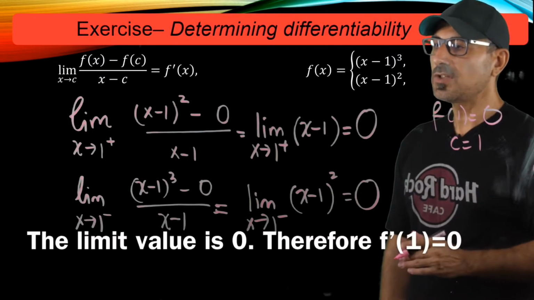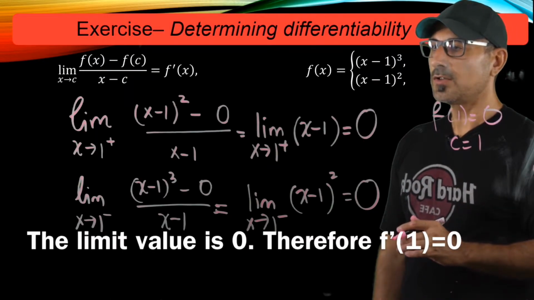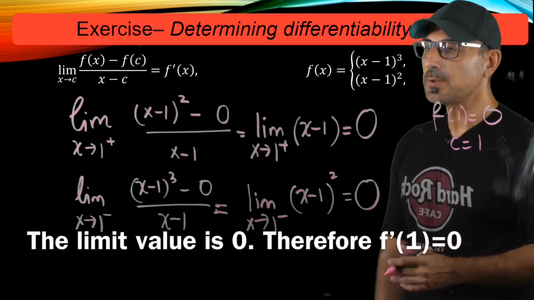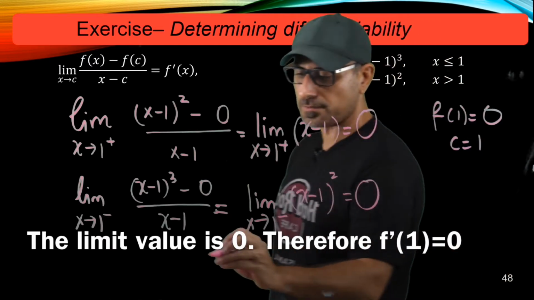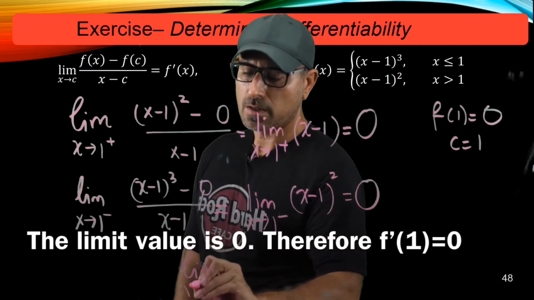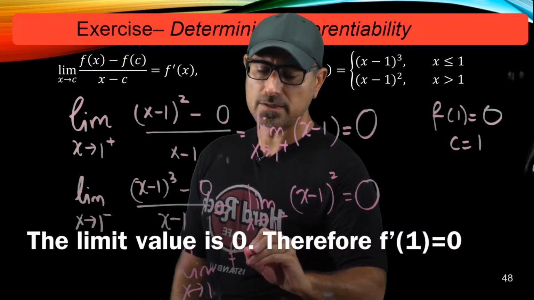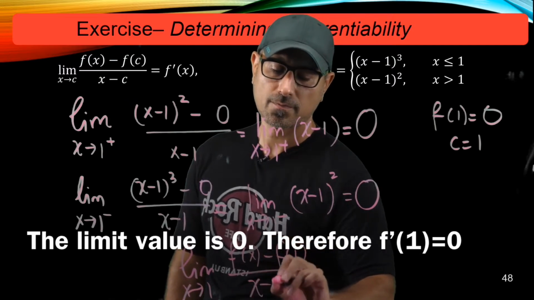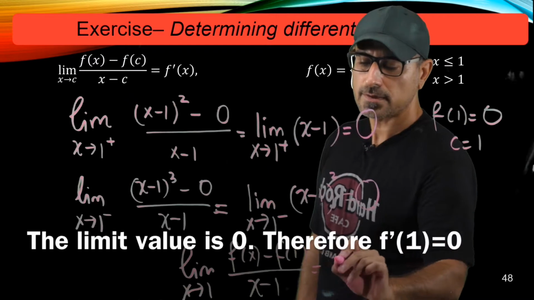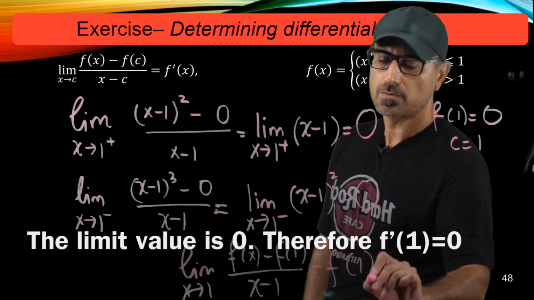So since the left limit and the right limit are equal, the function is differentiable at the point x equals 1 because this limit of this function exists. And that's in fact f prime at 1.